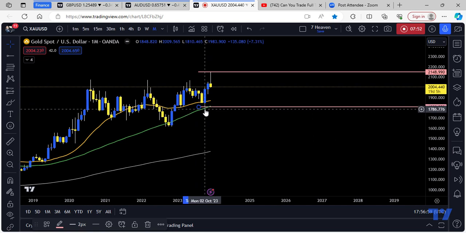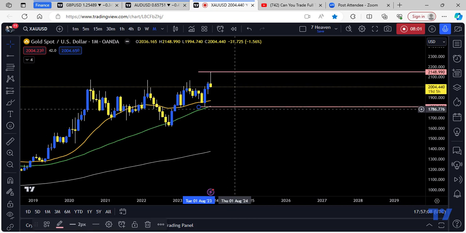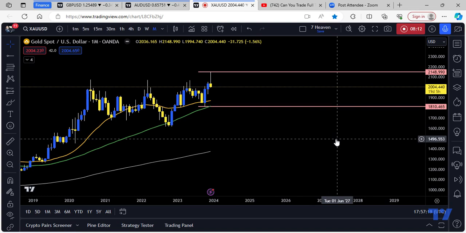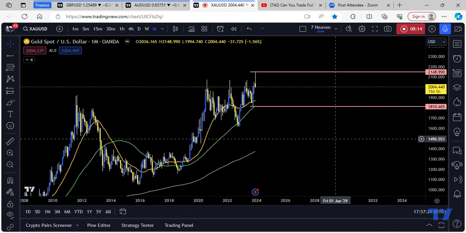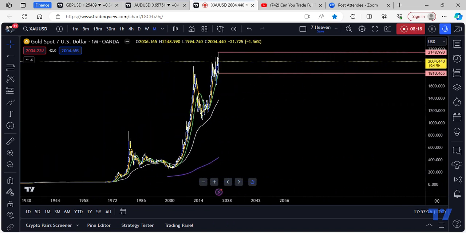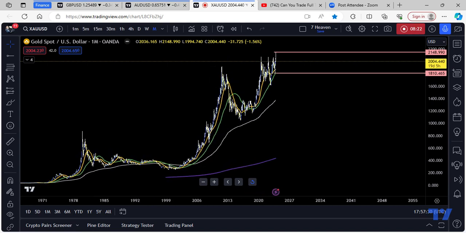And then I can line it up to that low, 1810.465. So I go this. Boom. Done. And right there, ladies and gentlemen, you got the current market structure of gold on the monthly time frame.